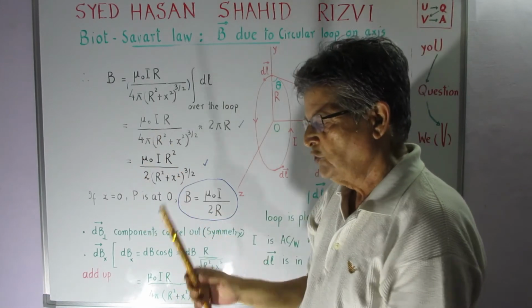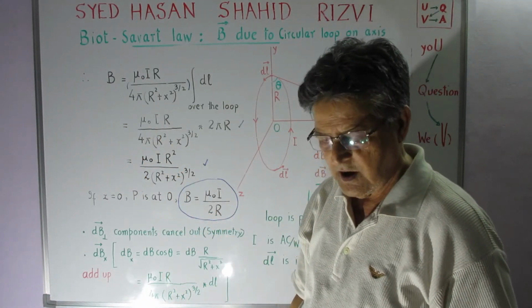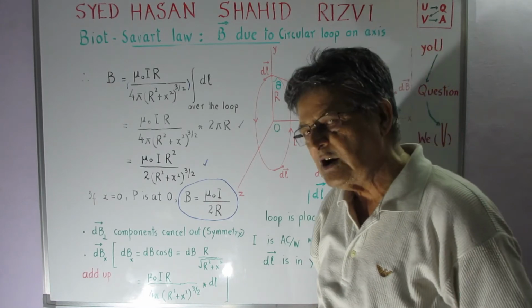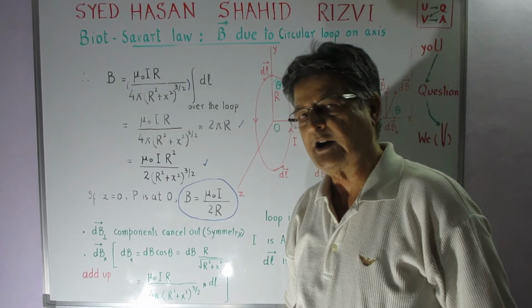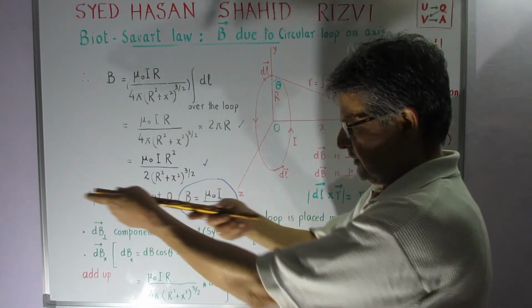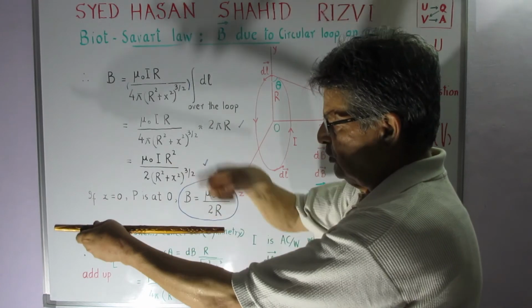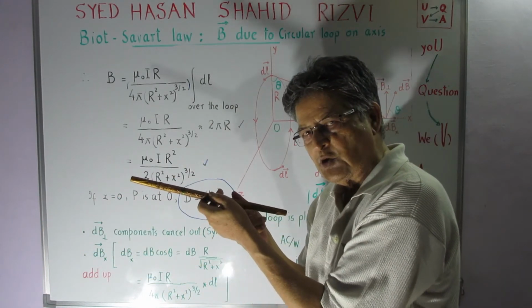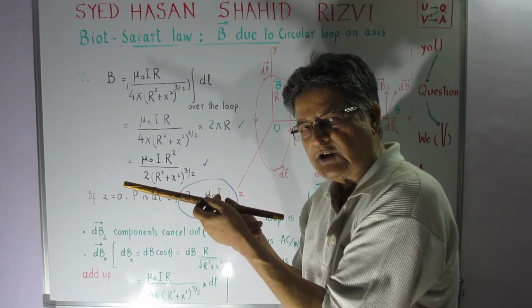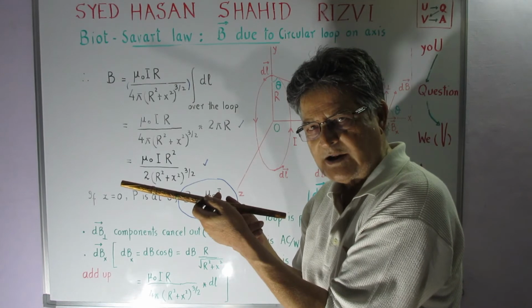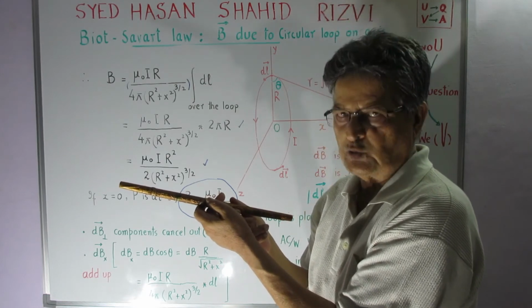So if there is a loop like that, and if we consider it as a magnet, with the lines of field coming like this out of this loop, there is a very simple question: which side will be the north pole of this supposed magnet and which side will be the south pole?